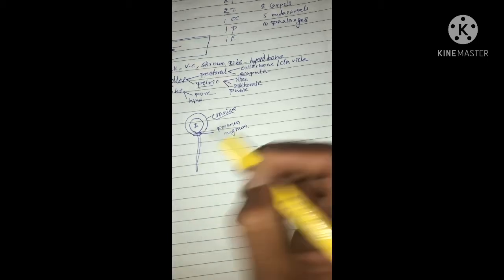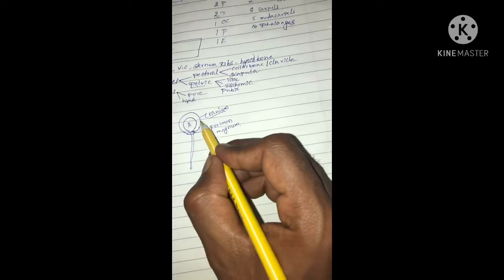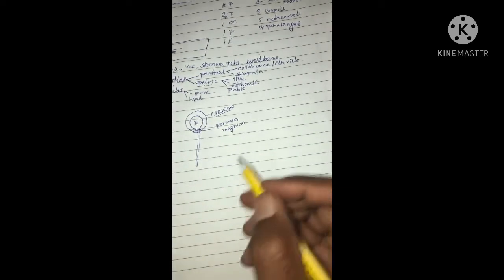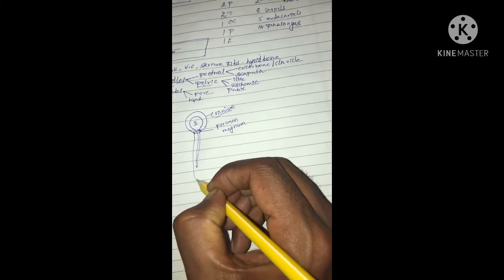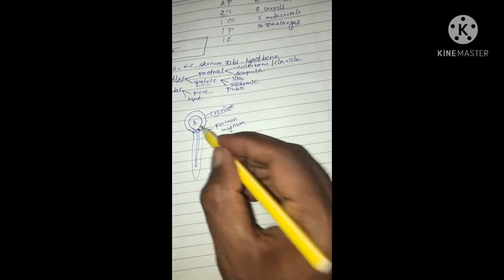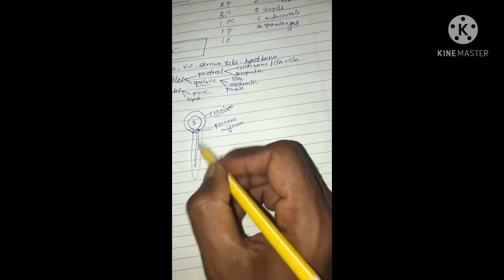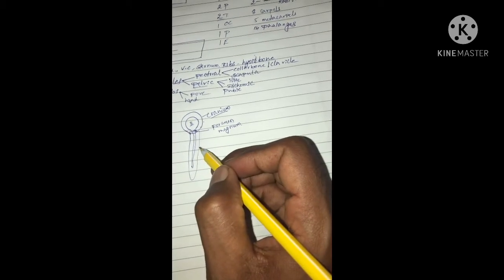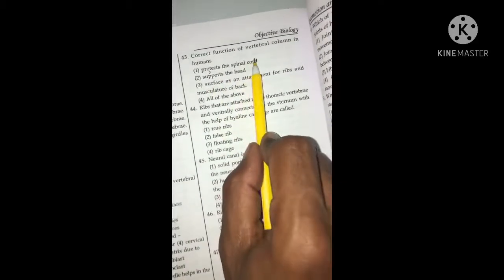The extended portion of the brain is called the spinal cord. So the cranium protects the brain, and the vertebral column or backbone protects the spinal cord. So the first option is correct, protects the spinal cord.